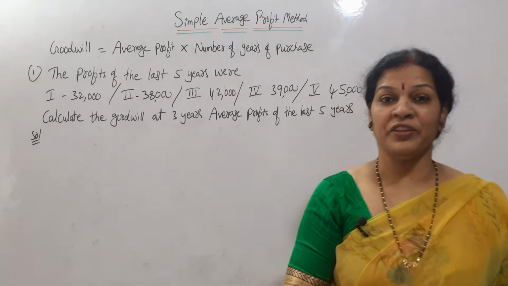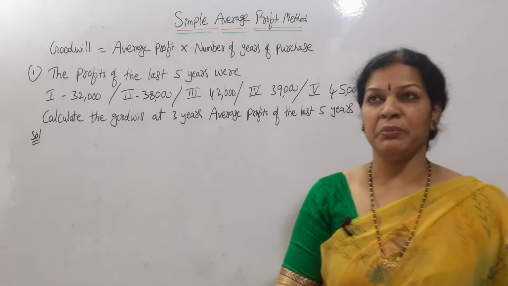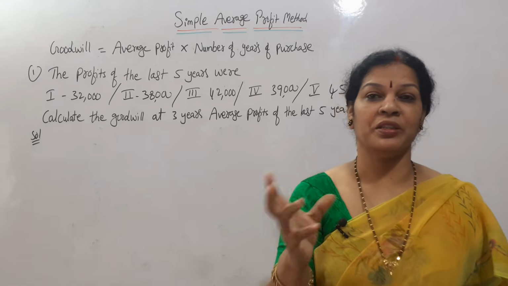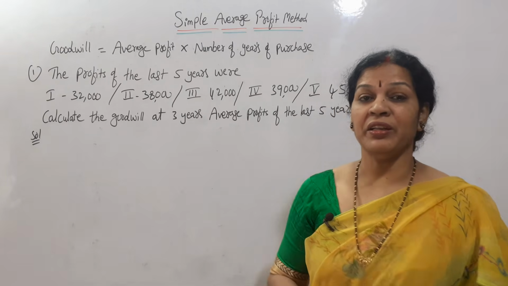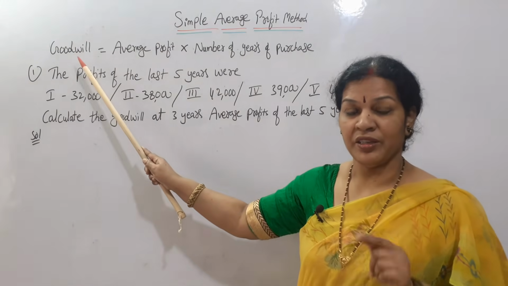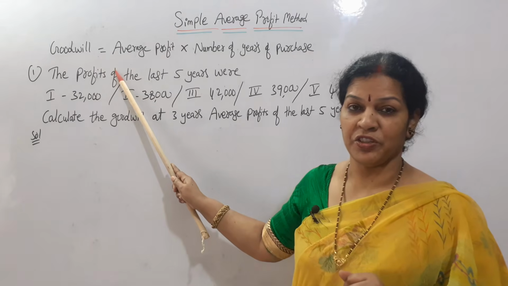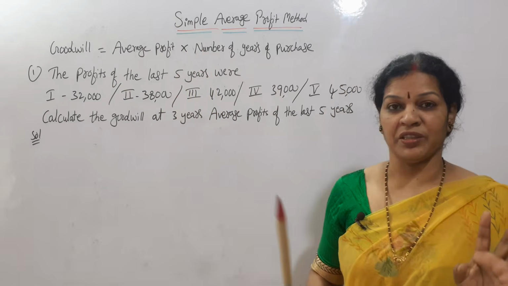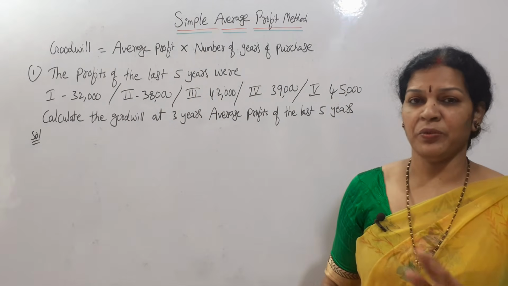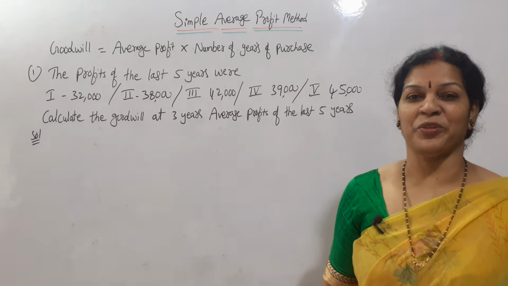The number of years purchased will be given, say 5 years, 3 years, whatever. To find out the goodwill in simple average, we need average profit and number of years purchased. This is given in the problem. That's it. Very simple, simple average method.